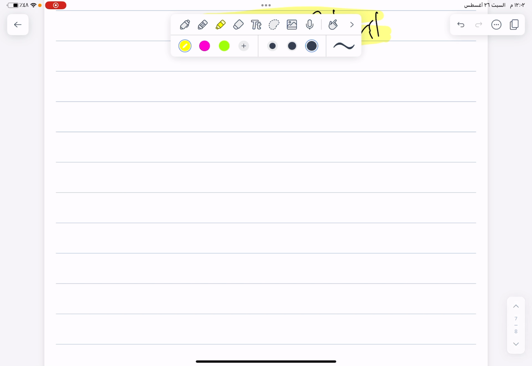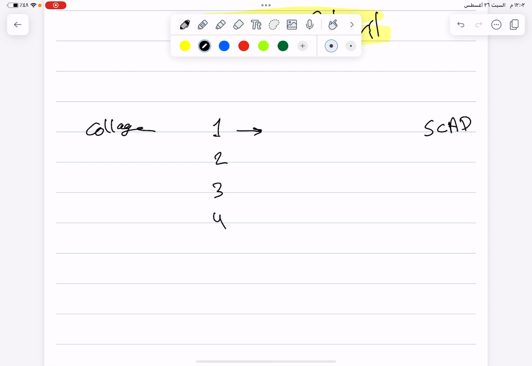I should also mention that we have four types of collagen: collagen 1, 2, 3, and 4. A quick mnemonic to know which type occurs in which organ is SCAB. Type 1 occurs in the S, skeleton, which includes bones, dentin, fascia, and also scar.